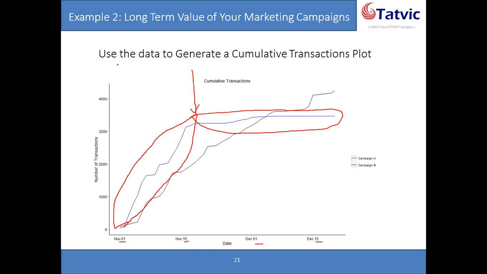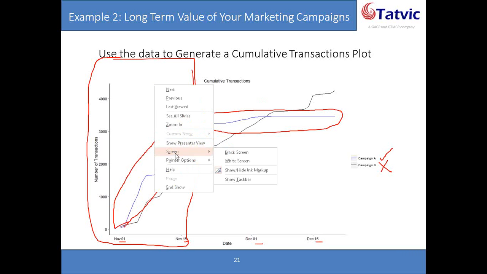So if you analyze the data of this campaign in the first 15 days, let's say this is the time when you analyze, you would obviously make a rational choice that campaign A is better and campaign B is not so good in comparison with campaign A. But when you actually look at the data points for a longer term, okay, let me try and see if I can clear this as well.